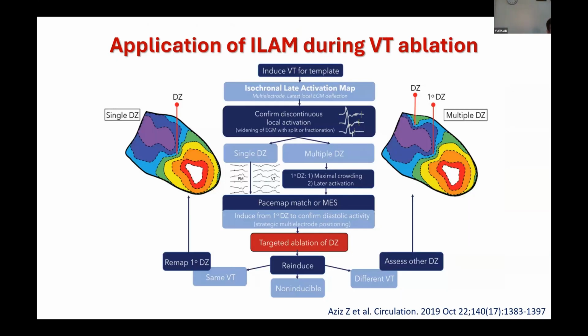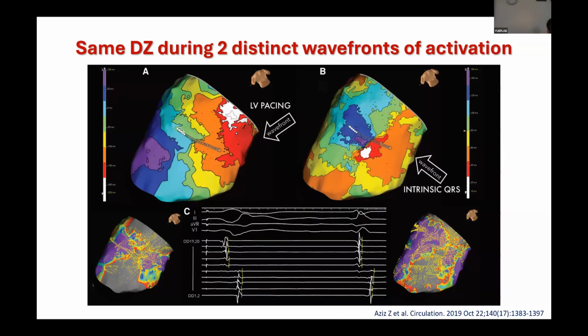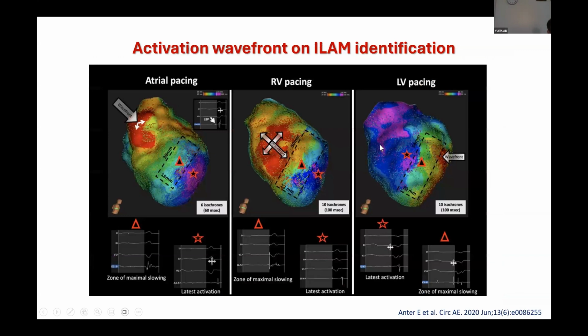This was also published by Aziz, showing that based on the isochronal ablation, the outcome is good. It also showed that sometimes a wavefront change could produce a similar deceleration zone, which was not agreed with by the Gillette publication showing sometimes a different wavefront.